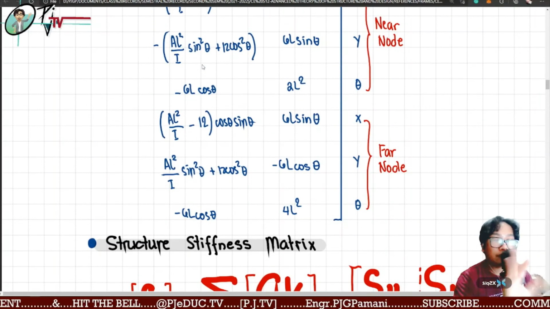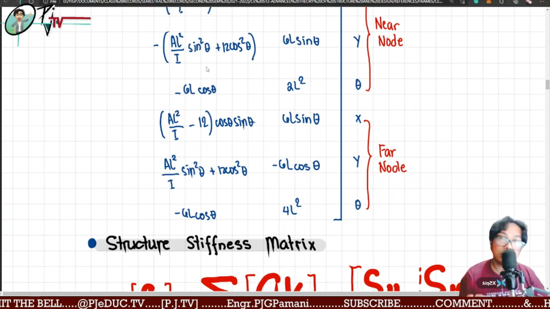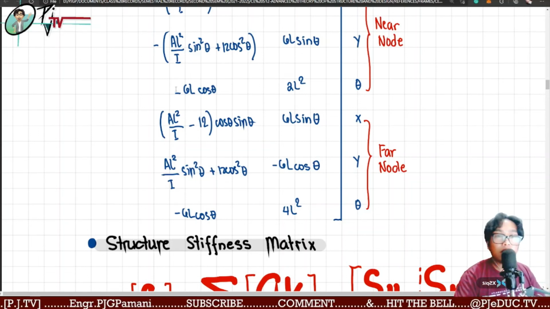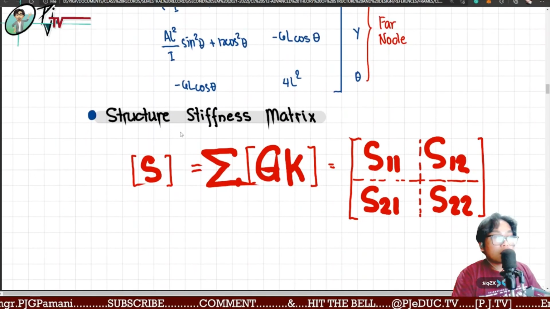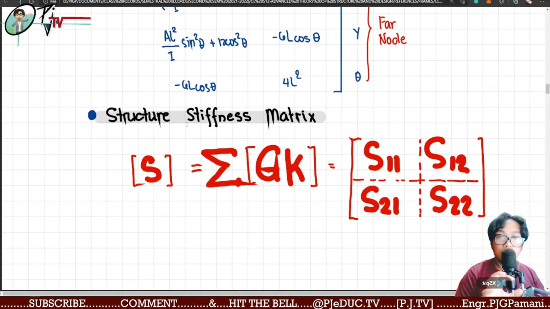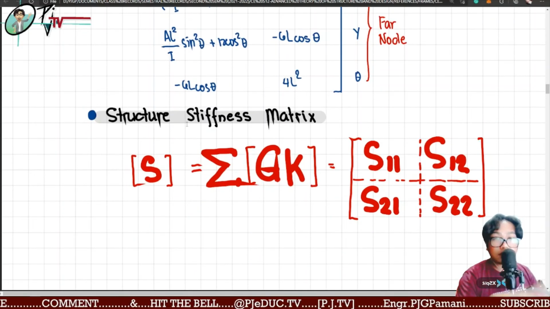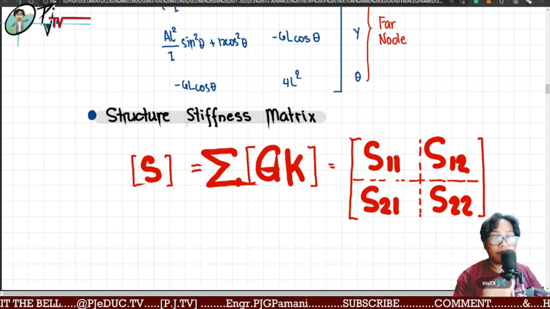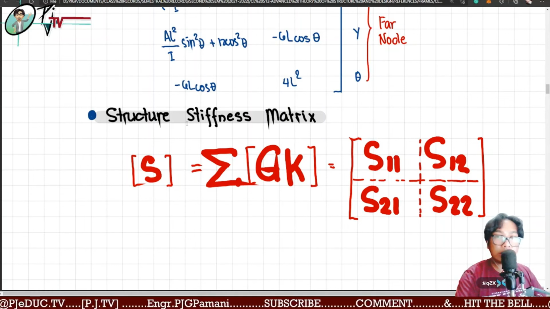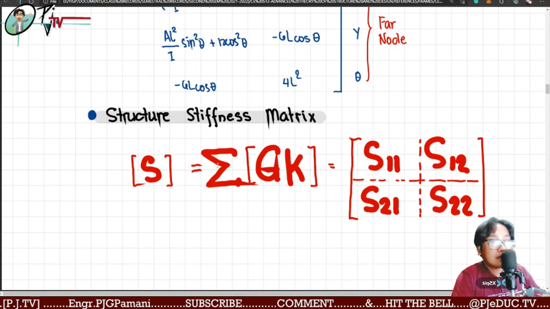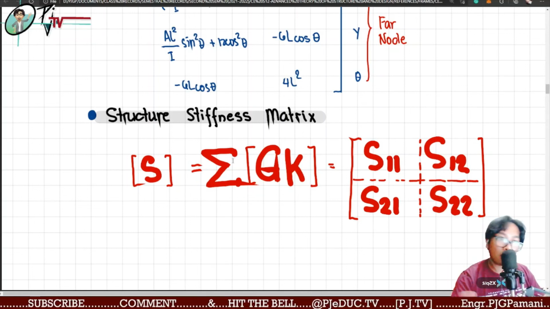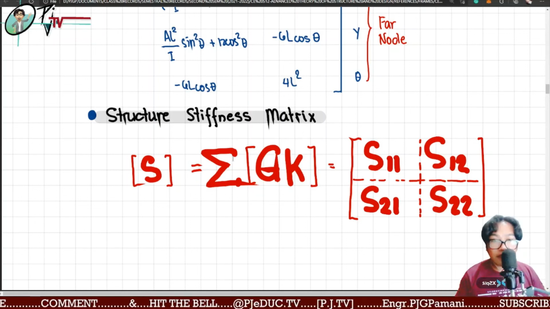After identifying your global stiffness matrix of each member, just like what we did with trusses and beams, you may now summate the global stiffness matrix to identify our general global stiffness matrix, or simply your structure stiffness matrix of a frame. So within this frame, probably there are 2, 3, or 5 members.